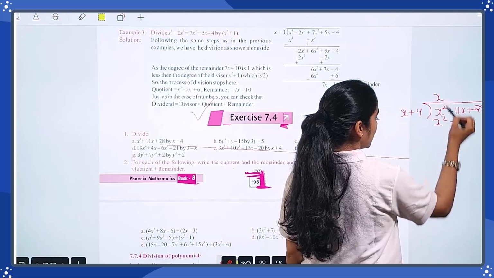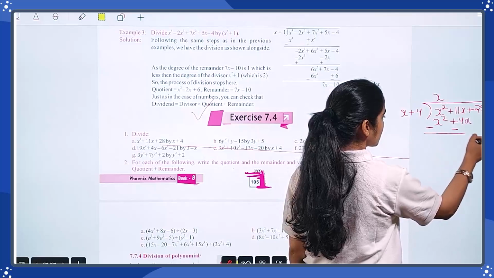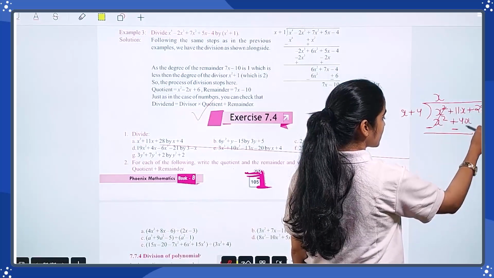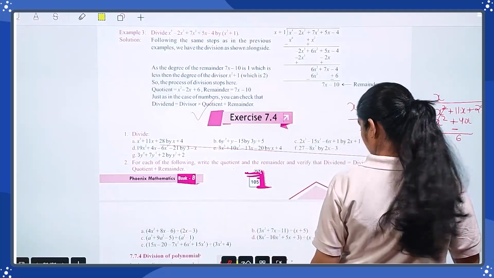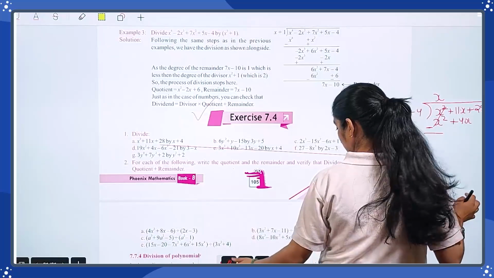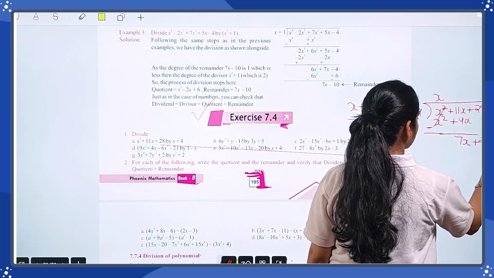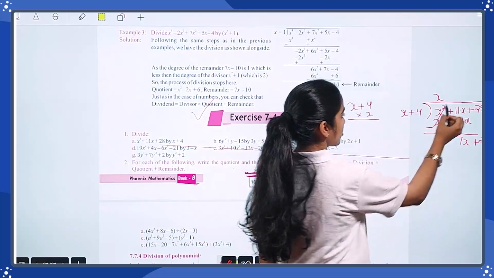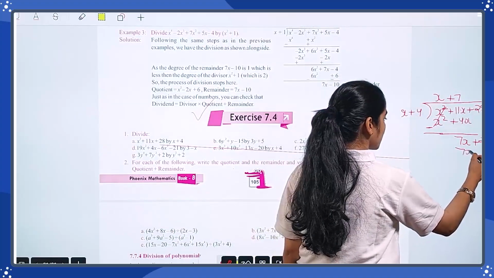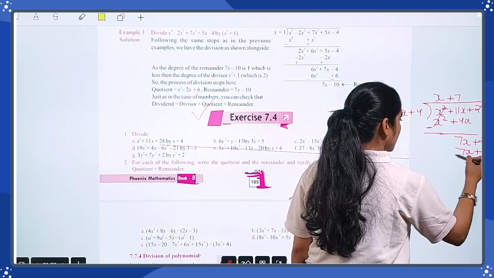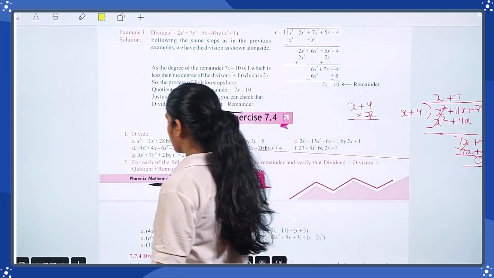Now you have to write here x, plus minus cancel out. 11x minus 4x is 7x, sorry. 7x plus 28. Now you need 7x, so you have to multiply it with 7. When you multiply it with 7, 7x plus 28, both the terms cancel out with each other, and you will get 0. So your answer is x plus 7.